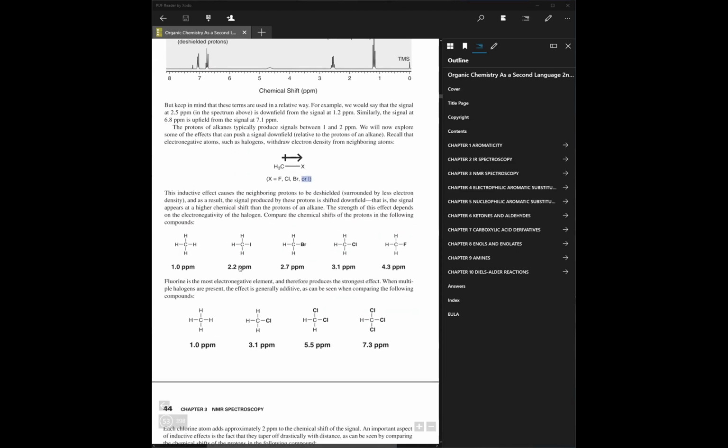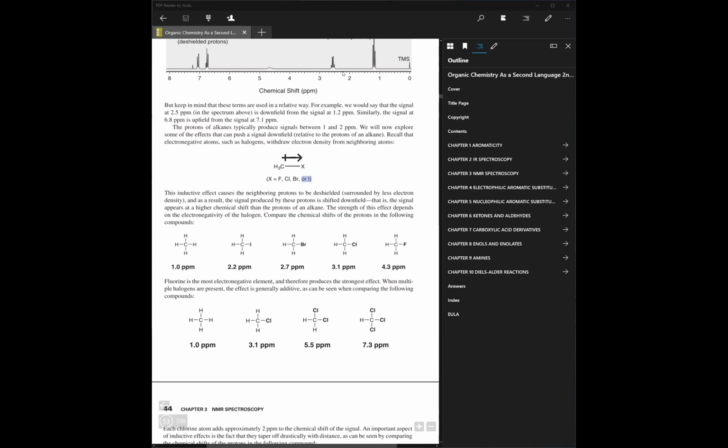Now, if we compare iodine versus bromine, which is more electronegative? Bromine. So it makes sense that it got shifted more, because now these hydrogens are even more deshielded. They have even less electron density.